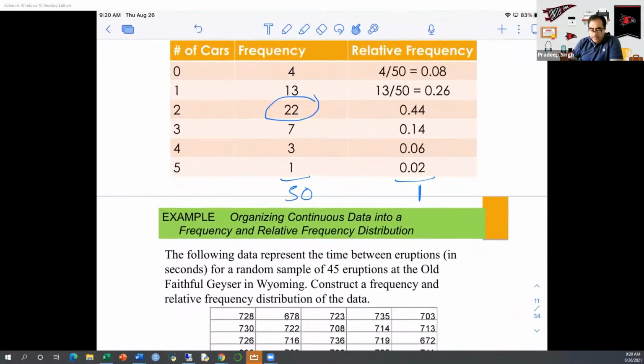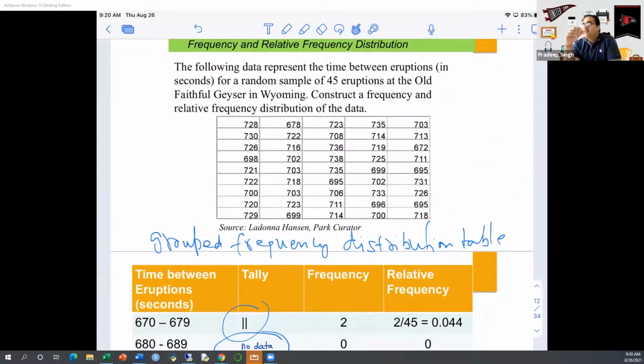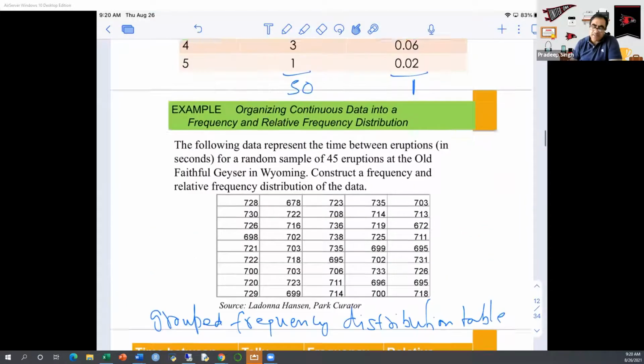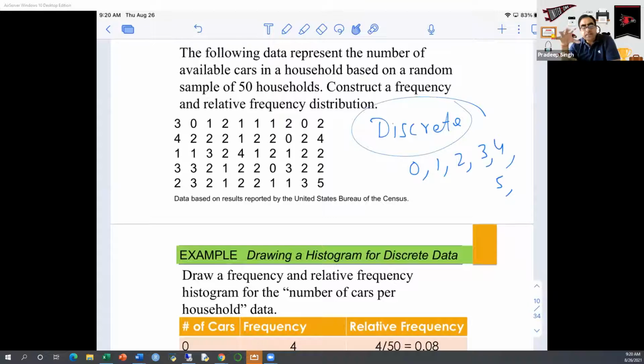And then if you have data which can take a large range of values, right? Because these were discrete variables, but even though it was discrete, it only took a few values, 0, 1, 2, 3, 4, 5. That means there were only 6 possible values for this data.